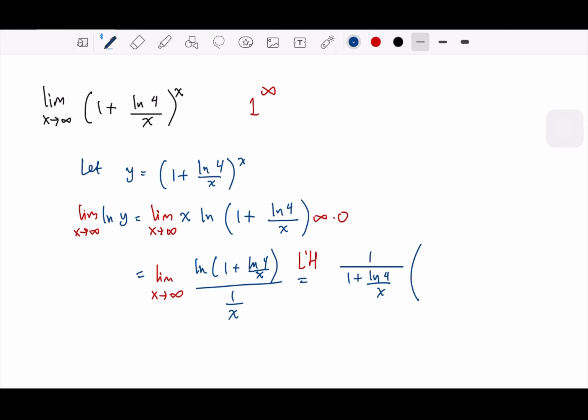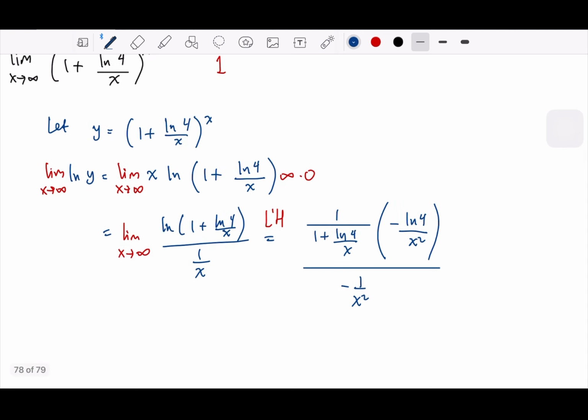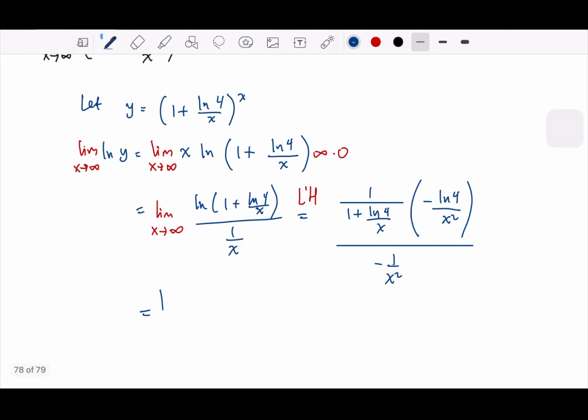So we derive the ln. So this will be ln 4 over x squared, okay.